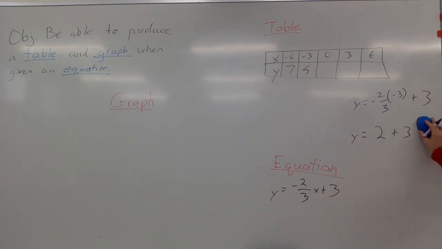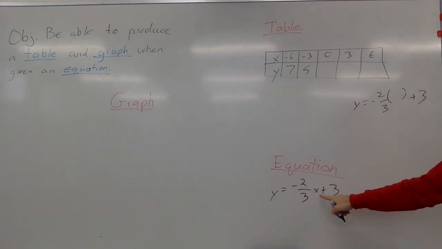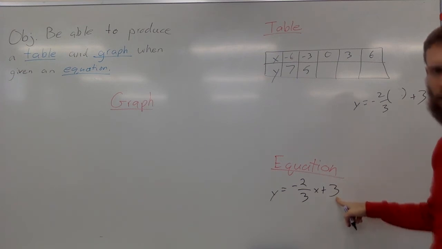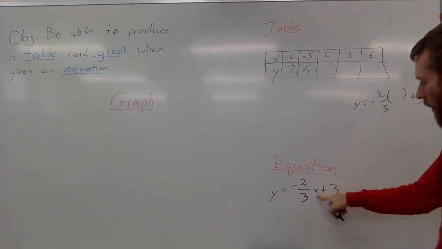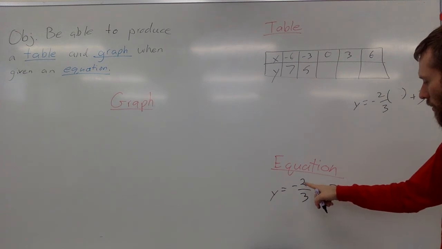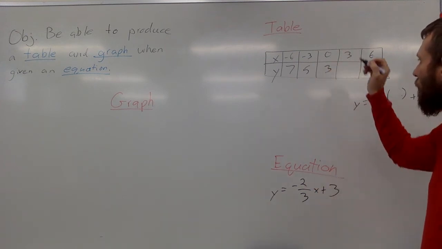Okay, now I know this is written in slope-intercept form. So this should be my y-intercept, because if x is 0, all of this cancels to 0, y equals 3.